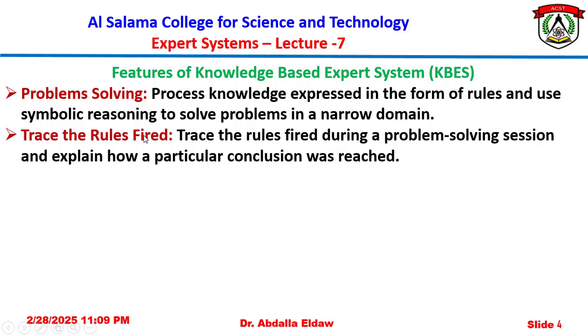Trace the rules. Trace the rules during a problem solving session and explain how a particular conclusion was reached. After we organize the knowledge and make the rules and make symbols for all the rules and facts, we apply these rules with a specified computer programming logic language like Prolog, and then get the solution.